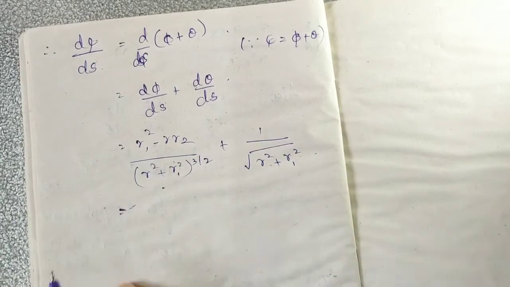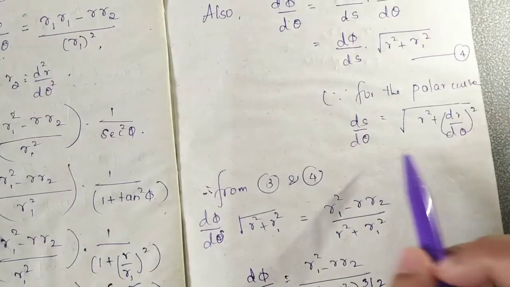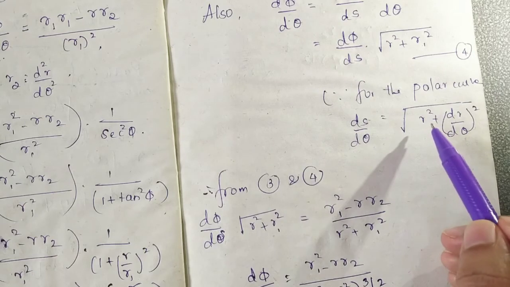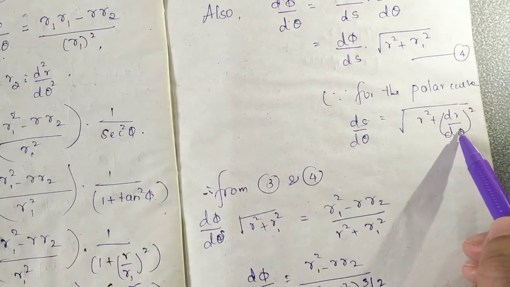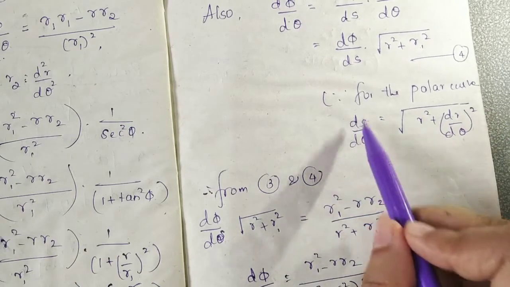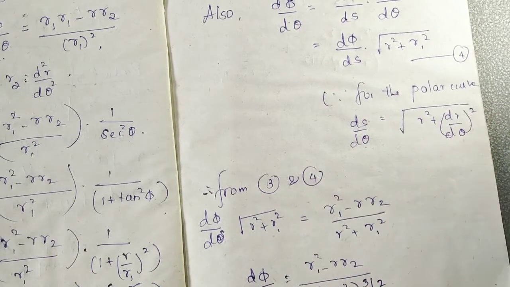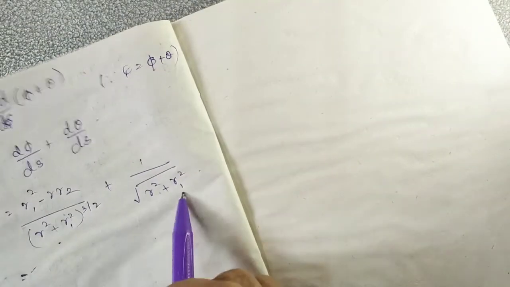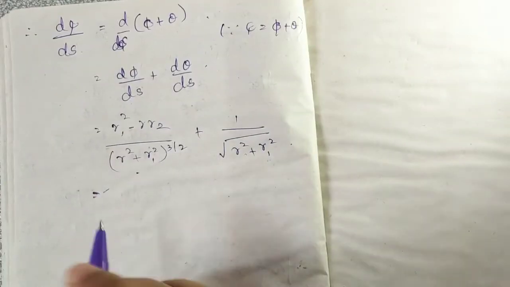I think you know this. This is because ds/dθ is the square root of r² + (dr/dθ)², which is nothing but r1². We need dθ/ds, therefore the reciprocal of this, which is 1 divided by the square root of r² + r1². Am I clear? Okay.